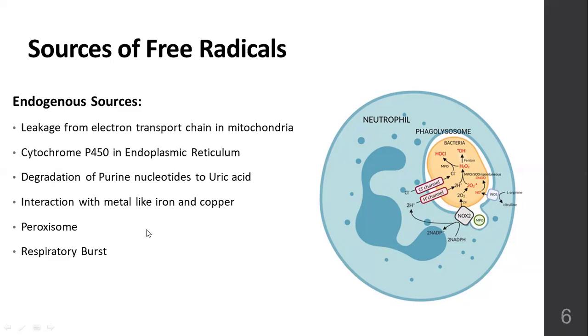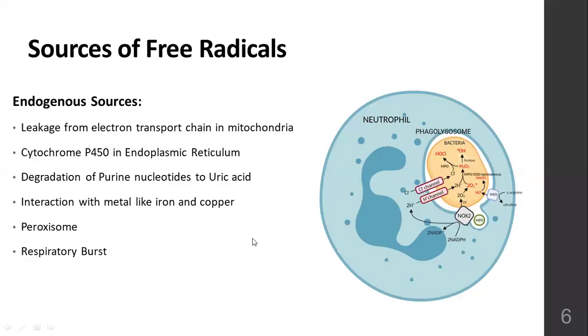If there is an interaction between iron and copper within your body, that can lead to free radicals. Peroxisome, respiratory burst. Respiratory burst is cells burning up themselves.